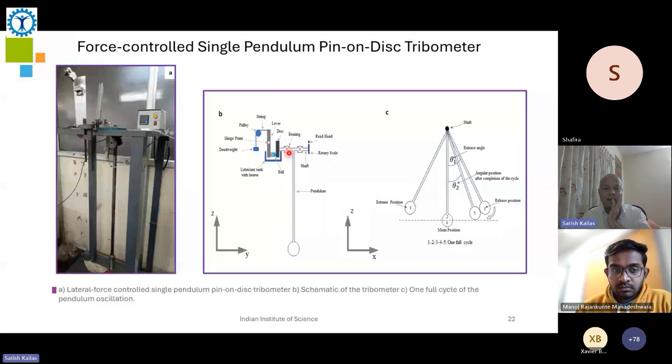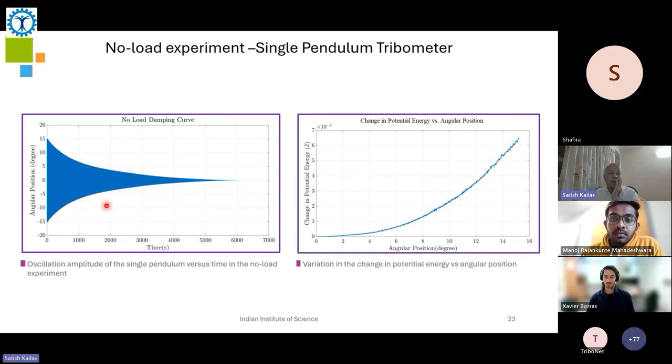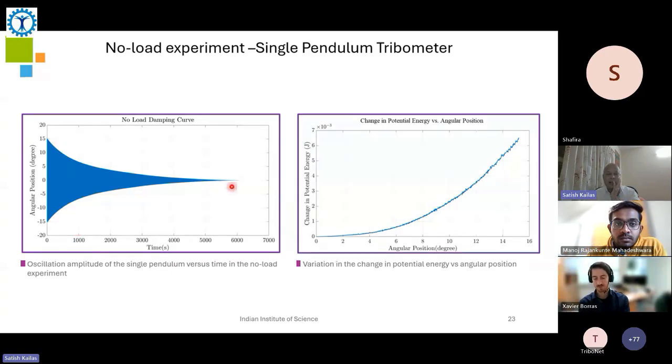Both will be there in this. And seeing the difference, I can clearly get what is there in the tribo contact. So this is the damping curve that is there when there is no load or no tribo contact. You see that it takes around 6,000 seconds to damp, which means that the system has very low damping in no load conditions.